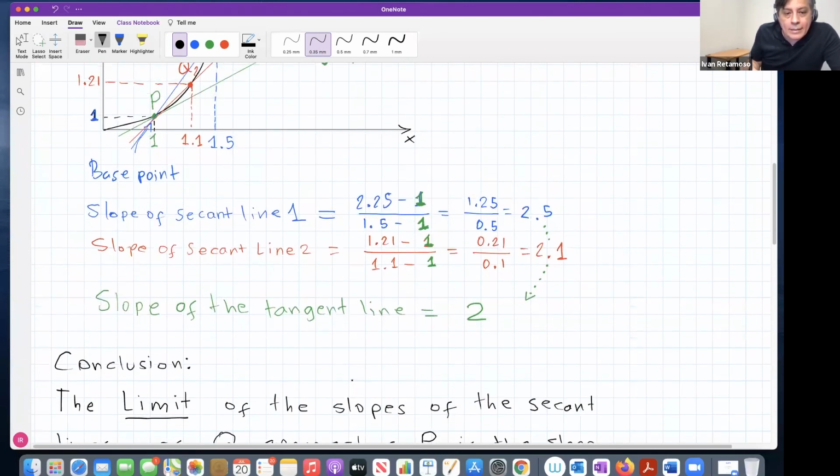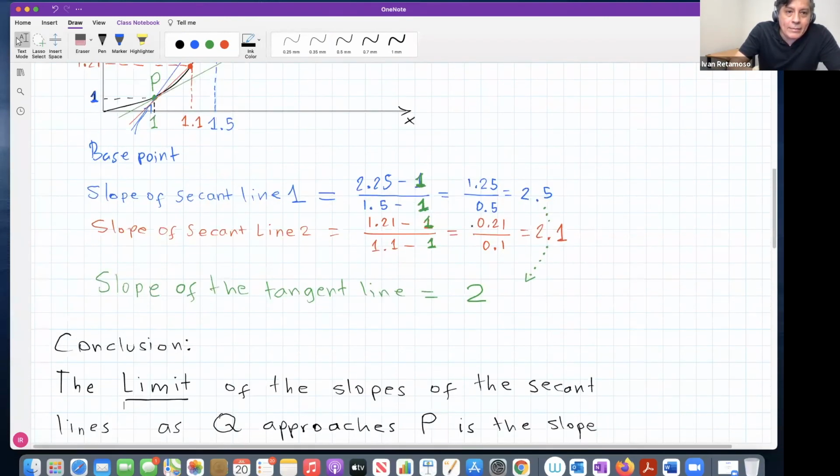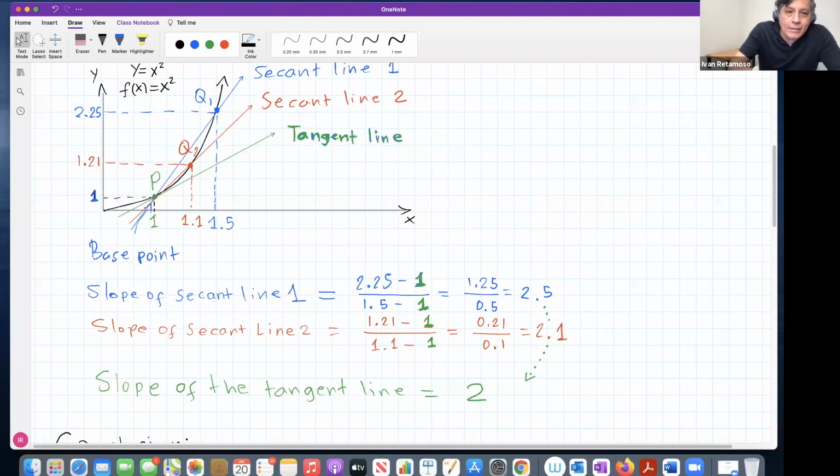So this is how you should introduce yourself to the idea of a limit, right? It's a sequence of real numbers that are approaching some other real number. I did this from above, from the right, but it's possible to do it also from the left. Indeed, in the homework, you will see that they will ask you to do it from the left, and you will see that you get to sandwich some real number in between, and that is supposed to be the limit, right?